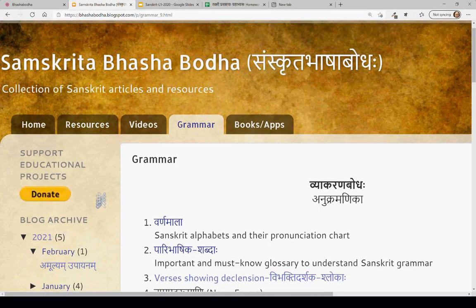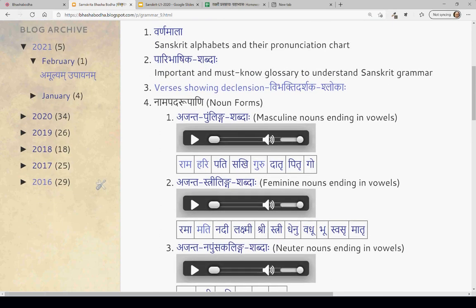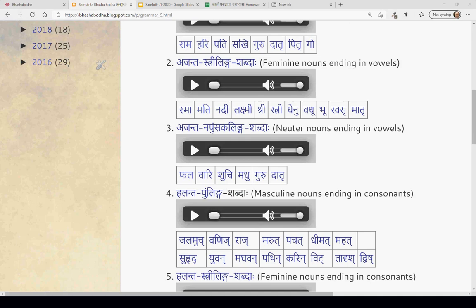On that you can go to the grammar tab, and here you see the different word forms. Not only during the class, everybody is encouraged to practice these forms of the different words at home whenever they get time. At least look at the tables once or twice a week, so you become familiar with it.